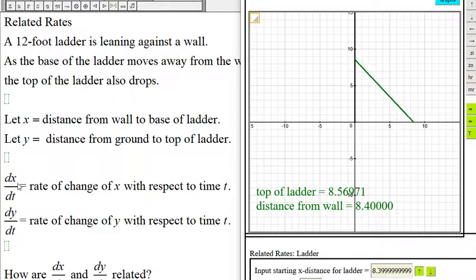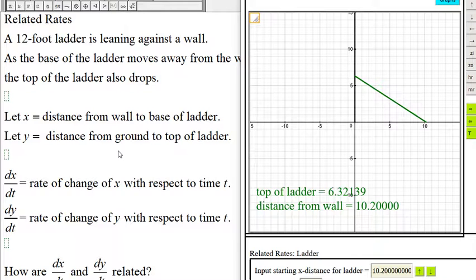And so let dx/dt be the rate of change of x. That's the rate of change of how fast the base of the ladder is moving away from the wall. And let dy/dt be the rate of change of the height at the top of the ladder here. And so we'd like to know how the two rates are related.